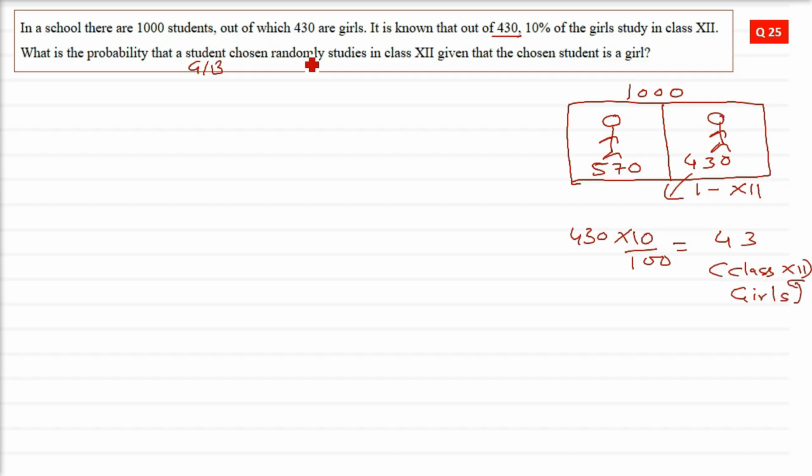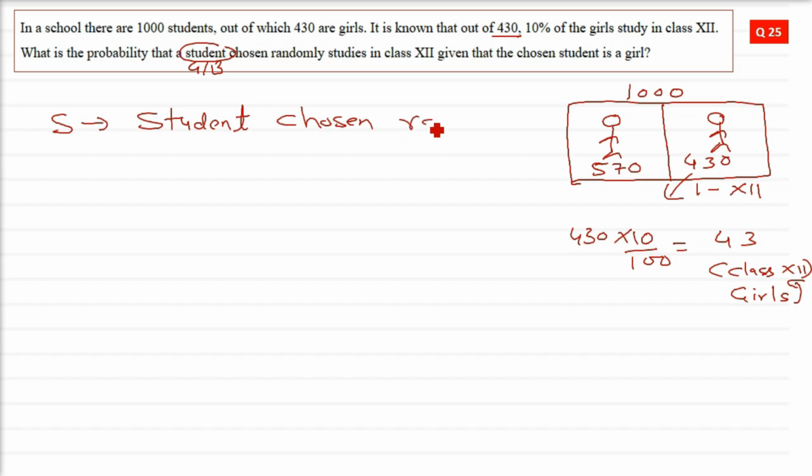So what is the probability that a student chosen randomly studies in class 12 given that the chosen student is a girl? So there will be two events that we are going to make. One event will be that it is known that the chosen student is a girl, and the student chosen randomly studies in class 12 is the second event we are going to make.